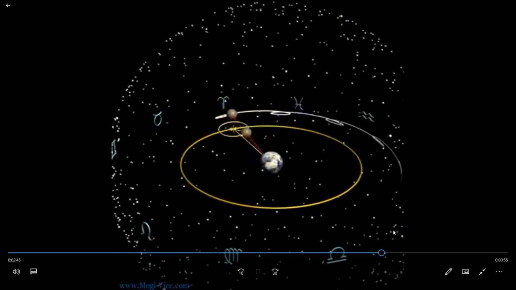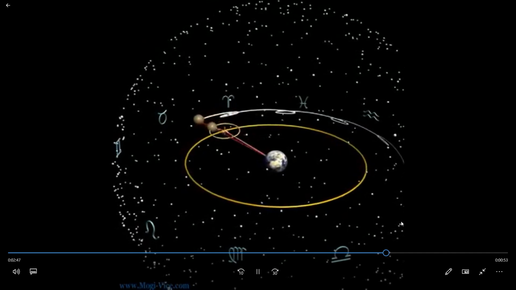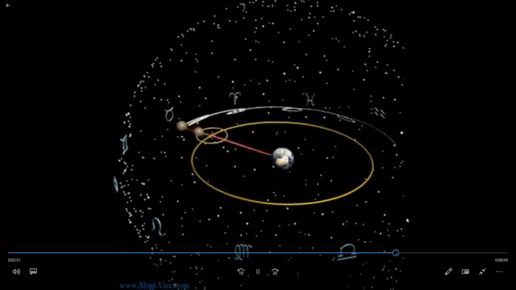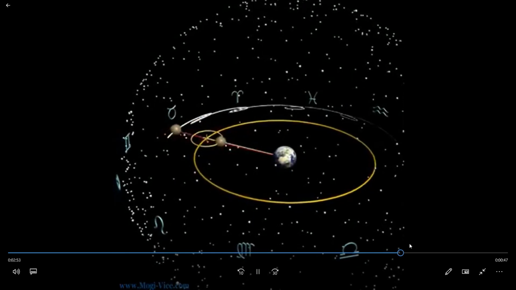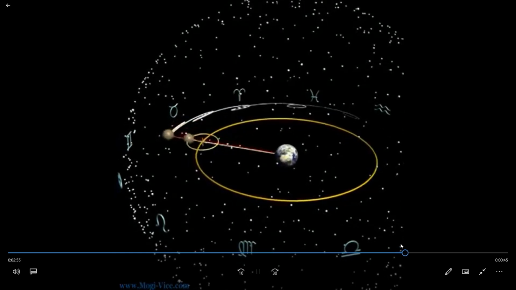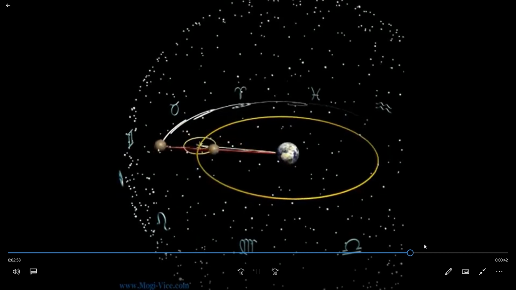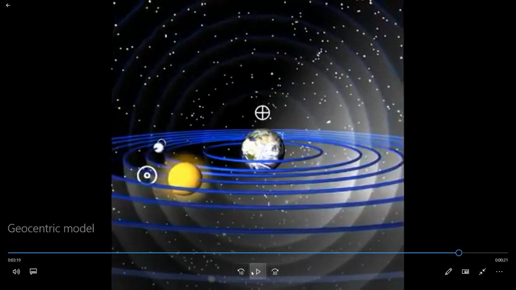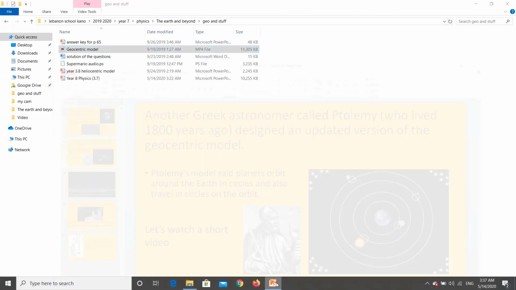This is the updated geocentric model. Updated by which scientist? Ptolemy. And that's it. Okay, so let's continue our lesson.